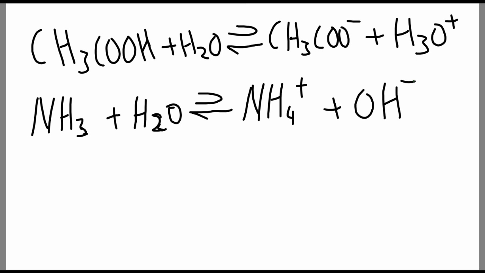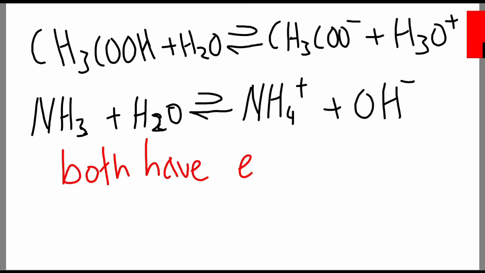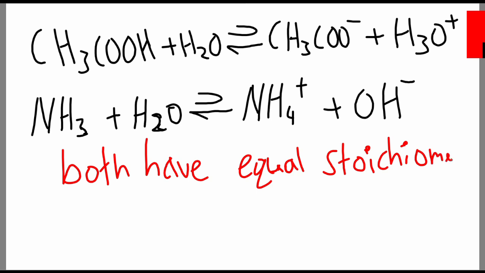Because acetic acid is a weak acid, it means that only a certain percentage of it will dissolve, but there will still be acetic acid molecules left over in the solution. Therefore, if any of the products are taken away, so if any acetate ions or hydronium ions are taken away, they will simply be replaced by the excess of acetic acid molecules in the solution.